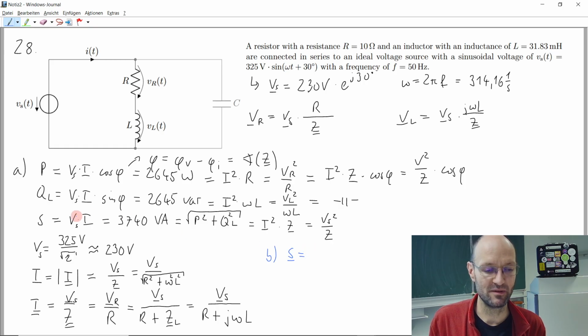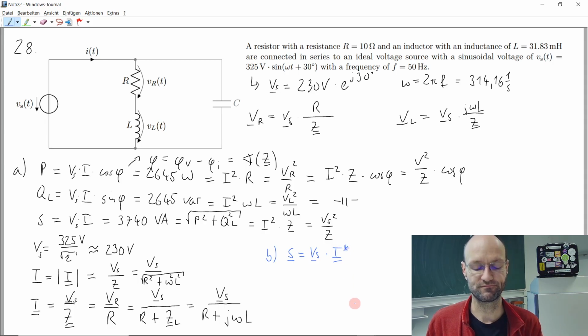It's more or less exactly the same formula, except that we take the complex phasor of the source voltage and we take the complex phasor of the current, and what? Yeah, and here we need to have the complex conjugate. Let's calculate this.